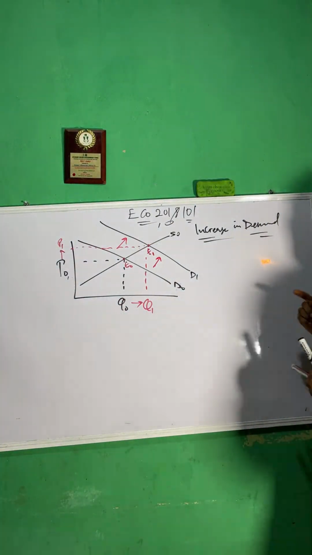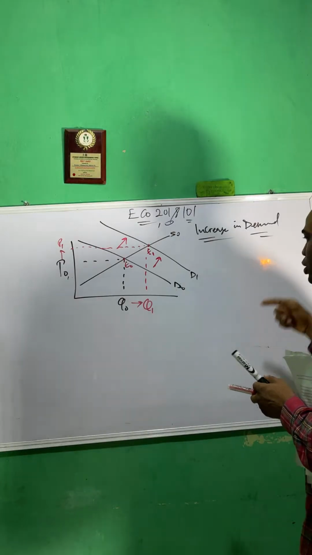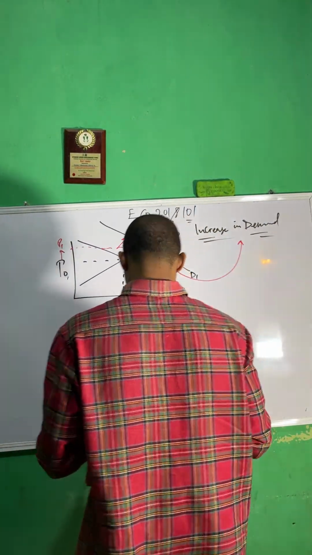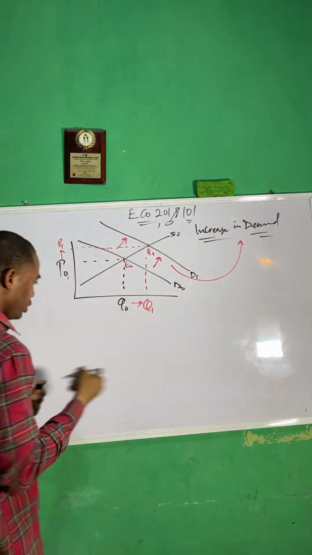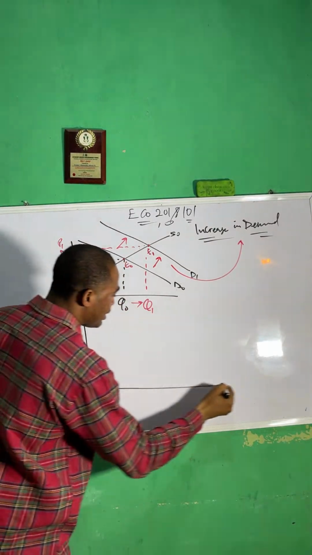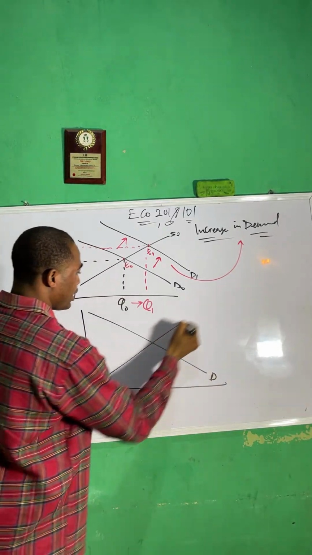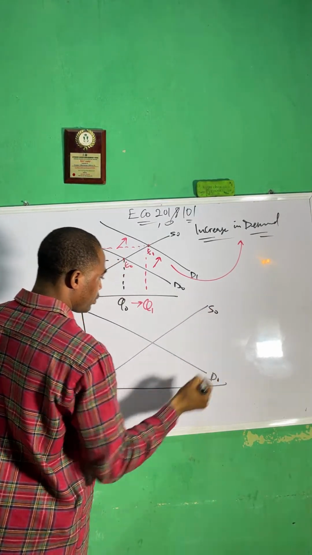Before moving to increase in supply, let's move to decrease in demand. The first one we dealt with here is an increase in demand. Now let's see what will happen if there is a decrease in demand. This is my initial demand curve, and this is my initial supply.